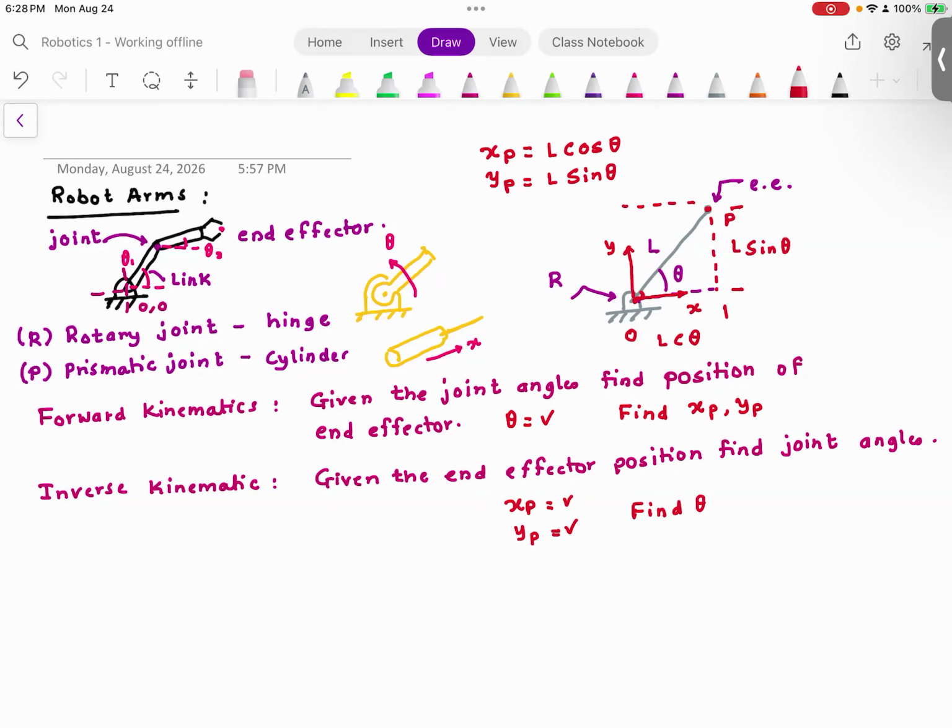This is called the inverse kinematics. For a simple 1 degree of freedom robot, which is actually a planar robot, this is not a very difficult problem. You can solve it very easily.